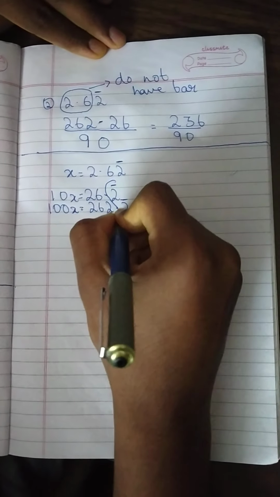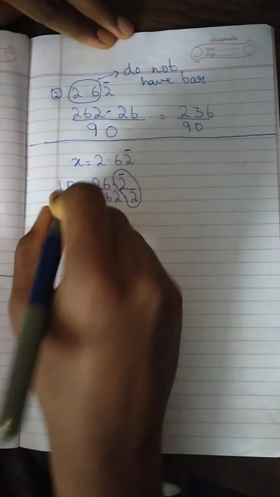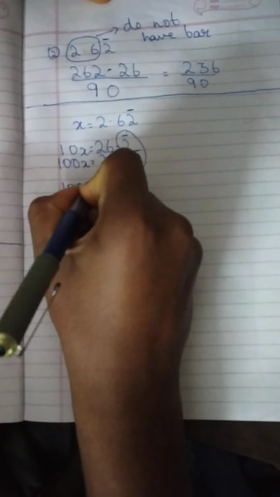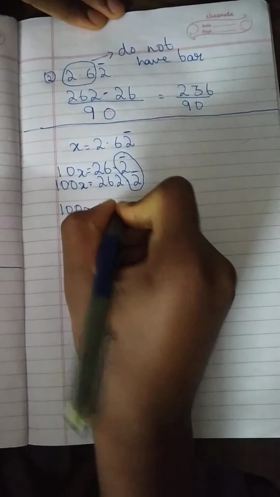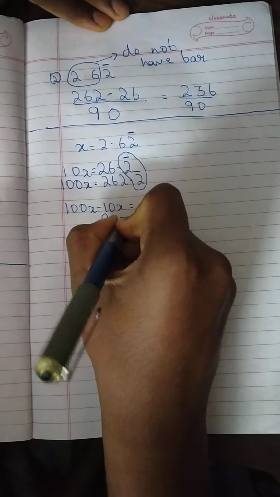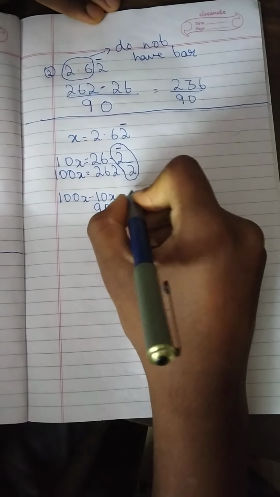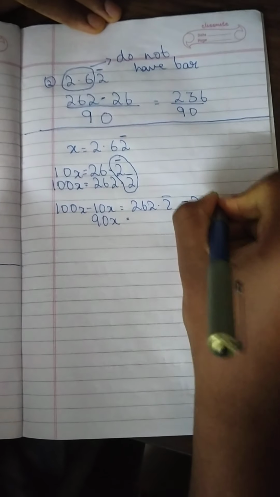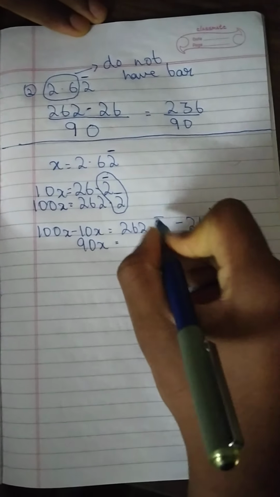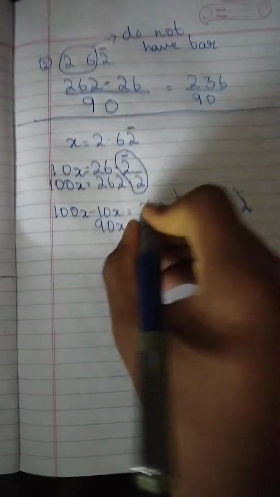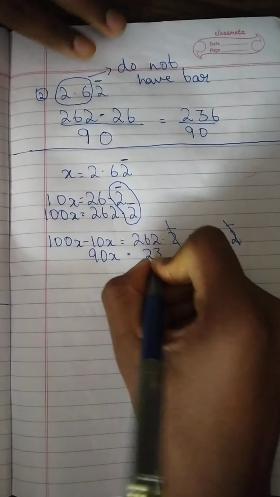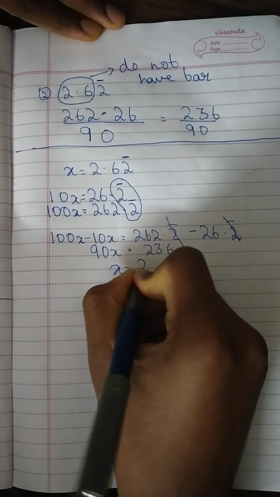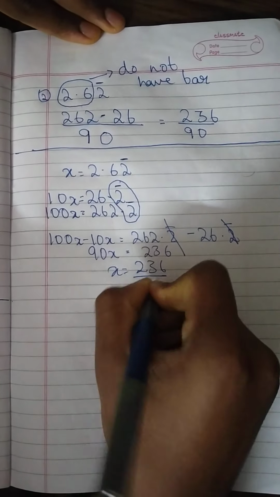Here these 2 bars are the same, so we can subtract and cancel them off. So 100x minus 10x would be 90x, which is 262.2 bar minus 26.2 bar. The 2 bar cancels. 262 minus 26 is 236. x would be 236 by 90.